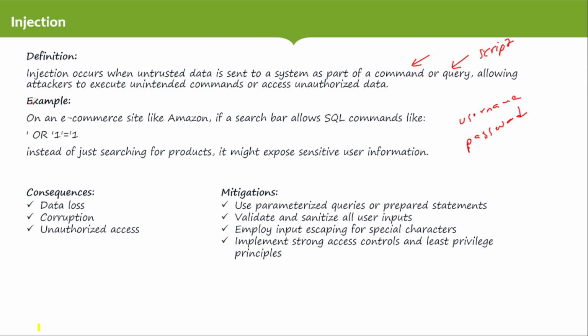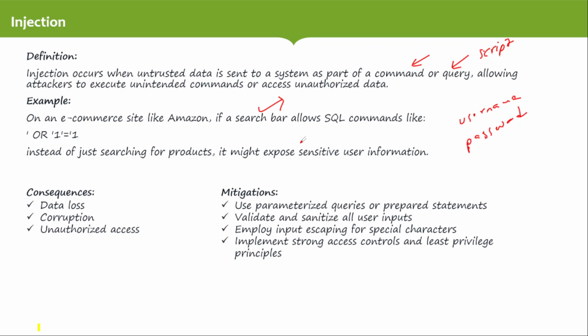So how can we do it? For example, on an e-commerce site like Amazon, if a search bar allows SQL queries, what is the main use of the search bar? Basically it takes the input.